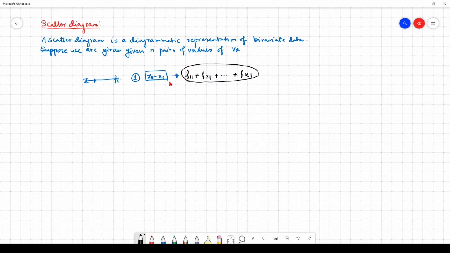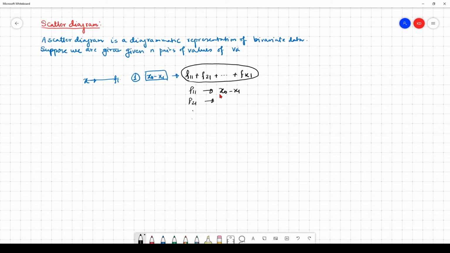But if you are interested in the conditional frequency, all of these are conditional frequencies. f11 is a conditional frequency of the class x naught to x1 for given y naught to y1. f21 is a conditional frequency of x naught to x1 given y naught to y1, and so on.